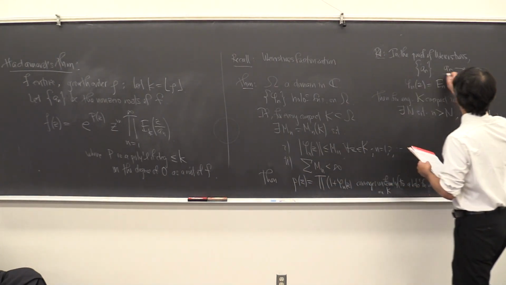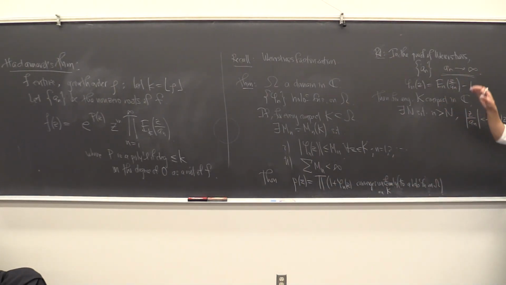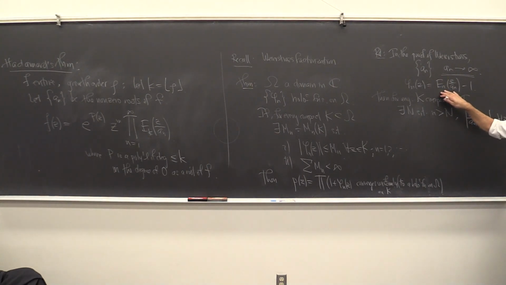Right, because the a sub n's, so I'm just running through the proof of Weierstrass again. In the case of Weierstrass, we're looking at the product of the elementary factors.